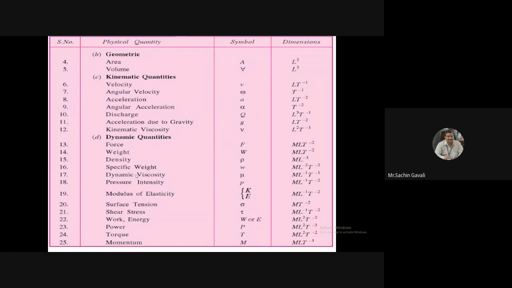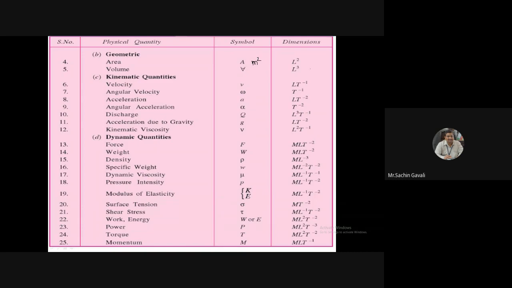So as usual, we'll go first for area. Let us consider area. The symbol we denote by A. It has the dimension meter square. So the SI unit will be meter square. Therefore, it will be L raised to 2.